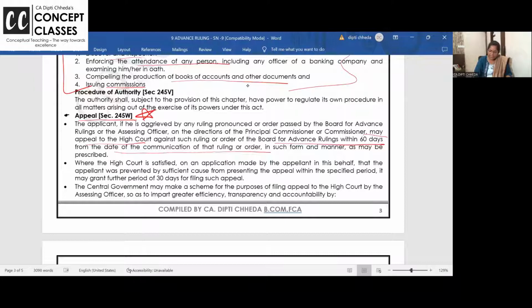If the High Court is satisfied that the applicant was prevented by sufficient reason, it is further extended by 30 days. Generally, we all know the time limit for application to the High Court is 60 days. But if you have a solid reason, that we got late, sorry, 30 more days are allowed.